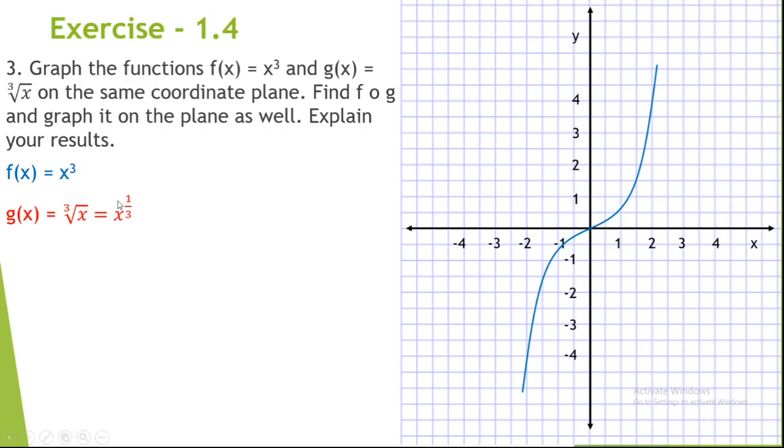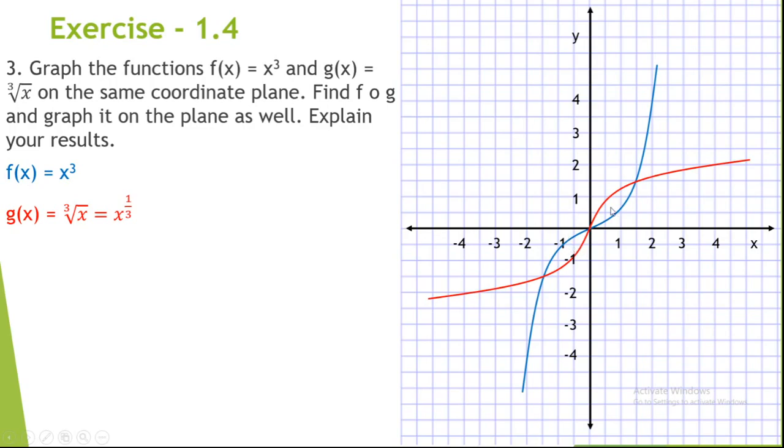This is also given in question 2, in the diagram itself. So using that I have drawn the x cube and x to the power 1 by 3 graphs. The x cube graph is in blue color and the x to the power 1 by 3 graph is in red color. Now you see this graph and we have to explain the result.